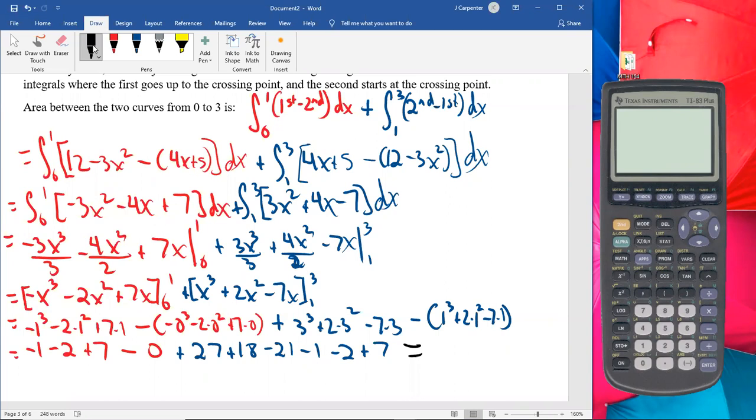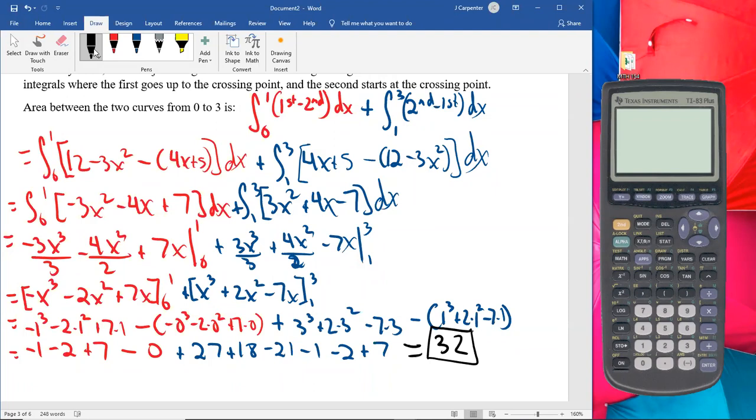Negative 1 minus 2 is negative 3, plus 7 is 4, plus 27 is 31, plus 18 is 49, minus 21, that's 28, minus 1 is 27, minus 2 is 25, plus 7 is 32. That should be right. It's 3, 4, 31, 49, 28, 27, 25, 32. Good.